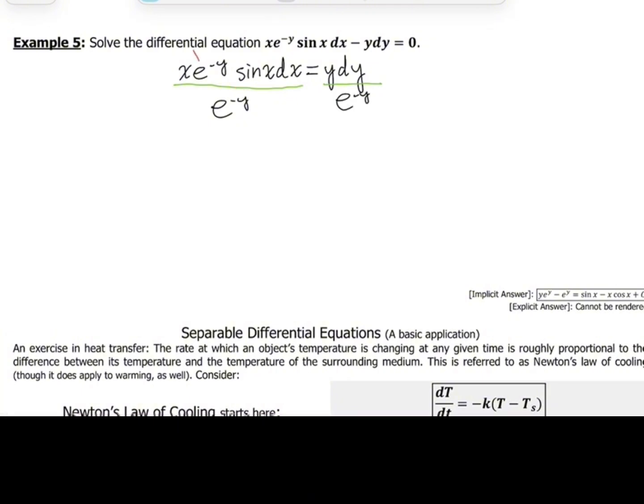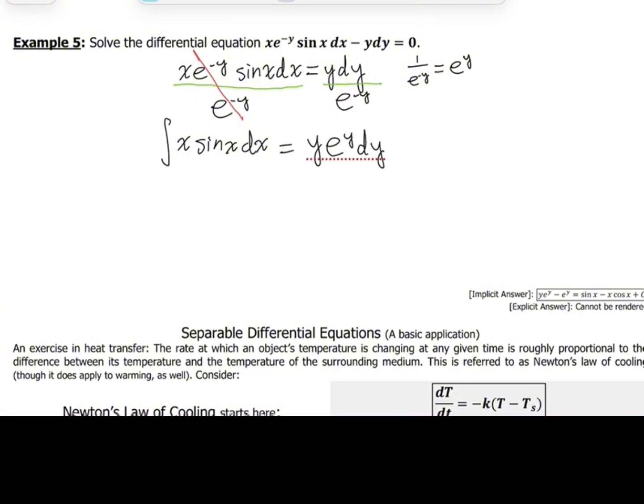And this cancels out on the left side. So x sine x dx equals, now if you have 1 over e to the negative y, this is the same thing as e to the y. So on the right side you'll have y e to the y dy.